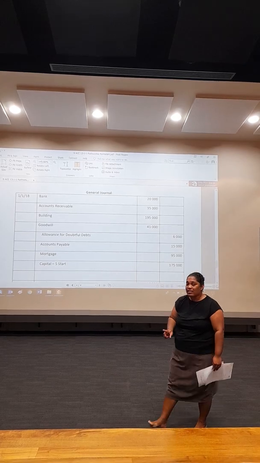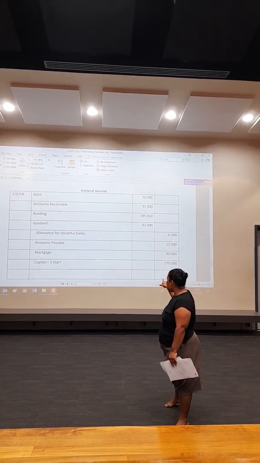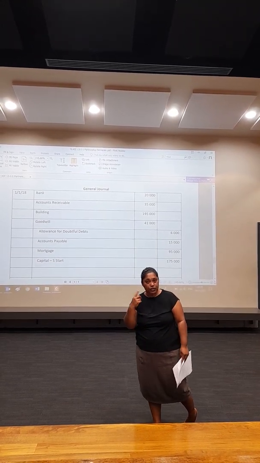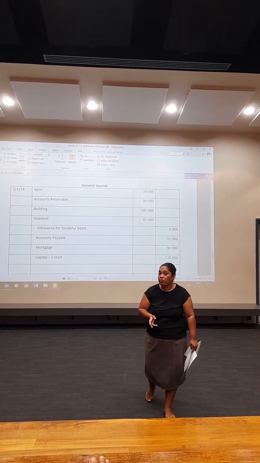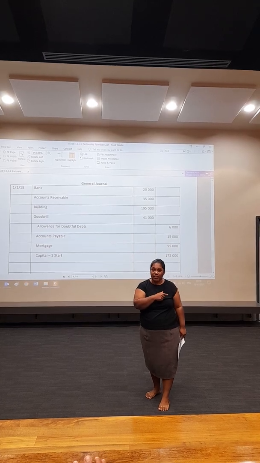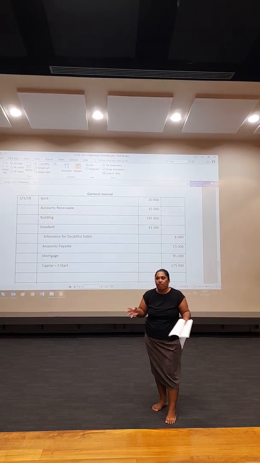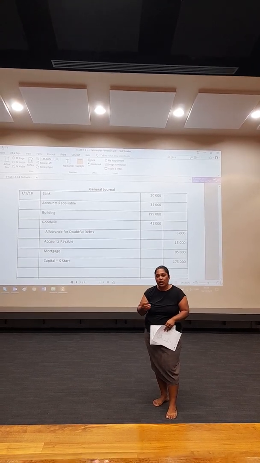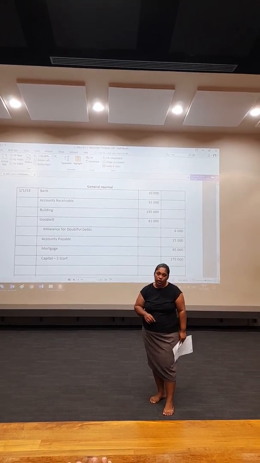Now, why is it that the mortgage will not change? The reason being, because it doesn't depend on the business. It depends on the bank. Just because you have formed a new business doesn't mean that the bank will say, okay, you can put whatever value you want on your mortgage.